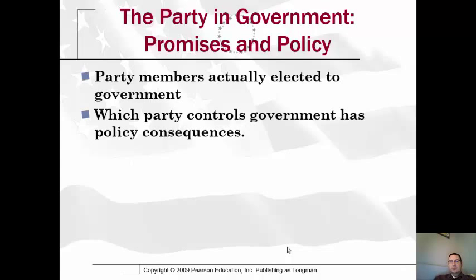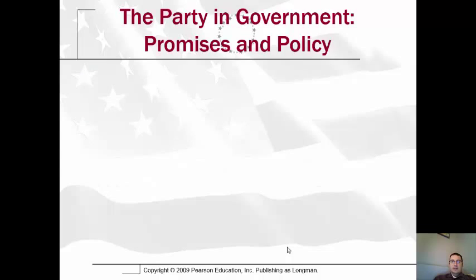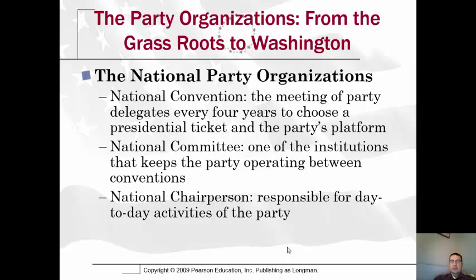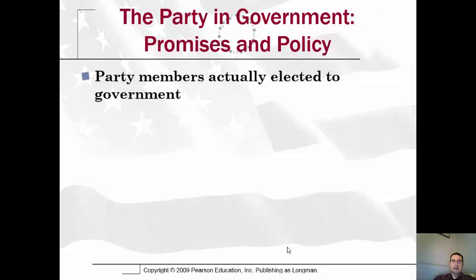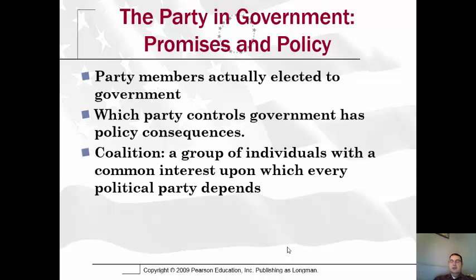The party in government. So once you've organized, right, you've elected somebody, or you nominated somebody for president. Let's say they get elected. So now you're actually a party in government, which means the party now has to actually fashion policies and run and administrate the government.